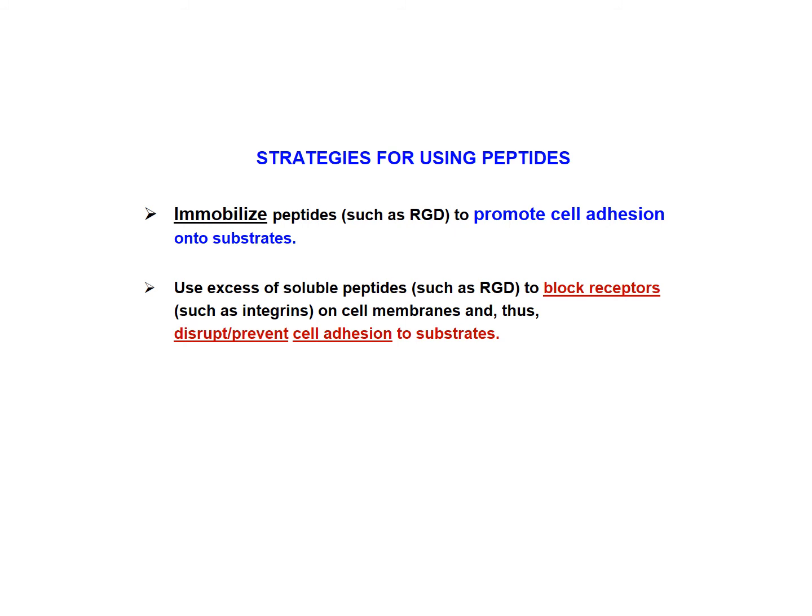Peptides such as RGD were put in a solution, usually a buffer, which contained a suspension of cells. The RGD peptide adhered on the membranes of the cells, the receptors on the cell membranes, and therefore blocked those receptors.